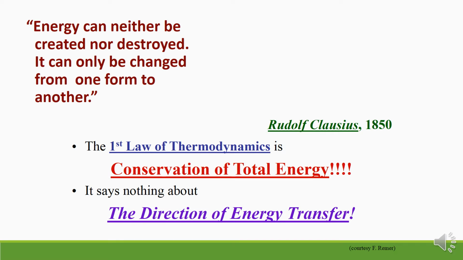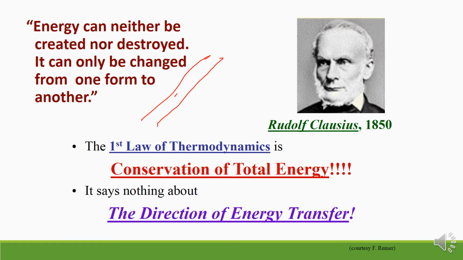Then as I have said earlier, energy can neither be created nor destroyed. You must have studied this earlier. It can only be changed from one form to another. That's it. This statement was made by Rudolf Clausius in 1850.